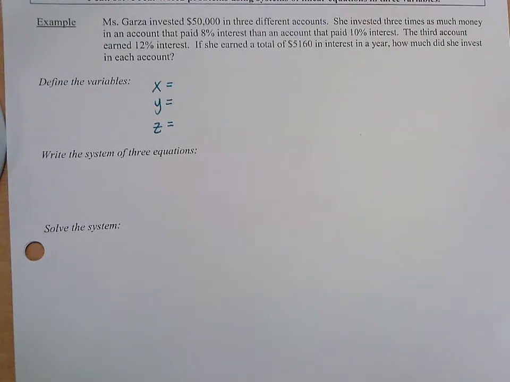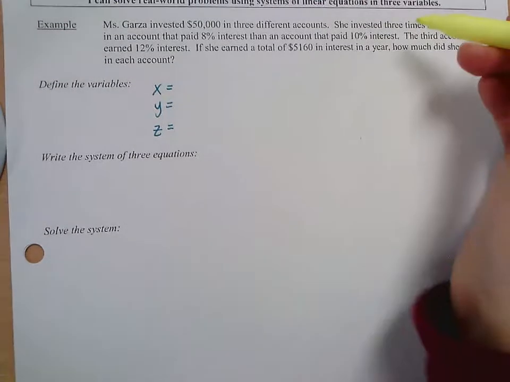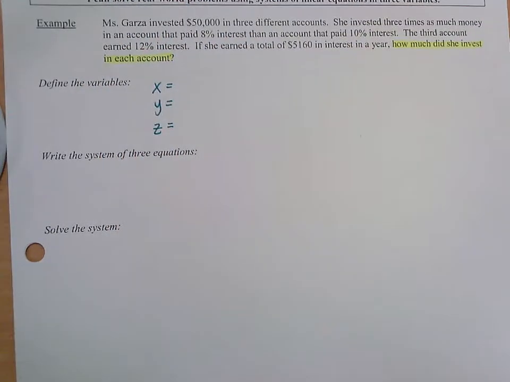That has to do with it. So there's 3 different percents of interest, 1 for each account. So there's 3 different accounts. Ultimately, we are looking for how much she invested in each account. The difference in the accounts is how much interest each of them has.